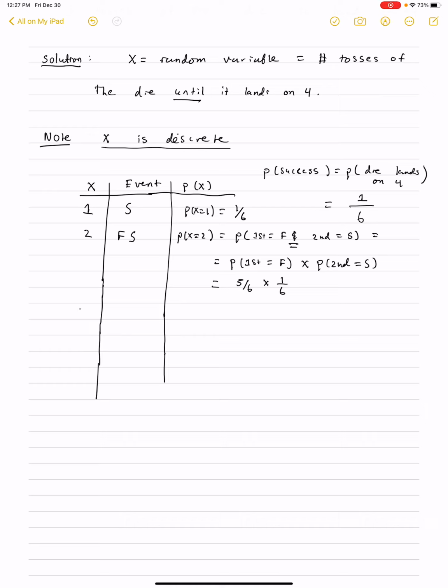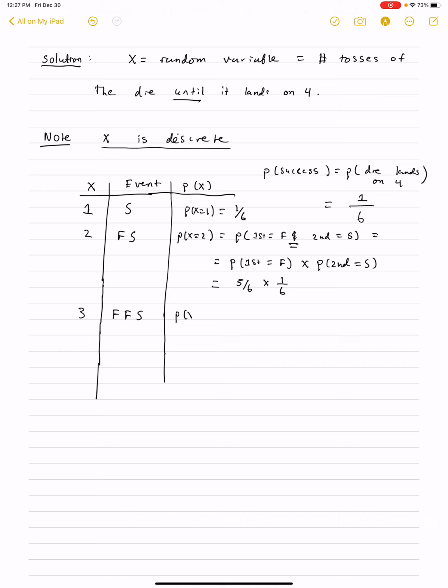Now let's do X is 3. That would be 3 tosses of the die. So we must have had failure on the first, failure on the second, and success on the last outcome. Success always has to come on the last value of X, because if it occurred earlier, we wouldn't have continued tossing the die.